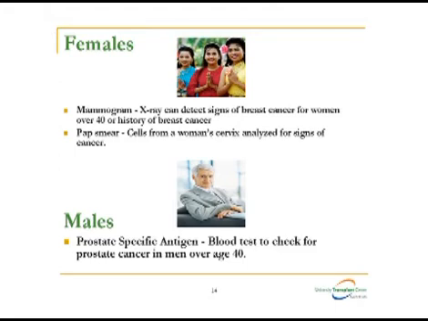A pap smear: cells from the woman's cervix are analyzed for signs of cancer. For men, it is a prostate-specific antigen. This is a blood test to check for prostate cancer in men over the age of 40. These tests, as I initially indicated, must be performed on a yearly basis in order to maintain your evaluative status and status on the transplant list.